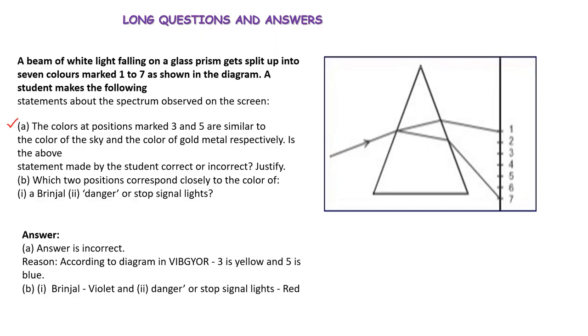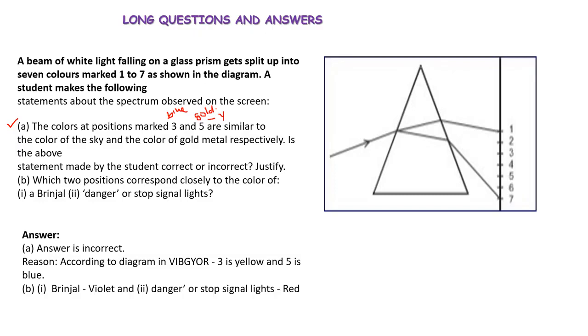The colors at positions marked 3 and 5 are similar to the color of the sky and the color of the gold metal. So 3 should be blue, and the color of the gold metal, I'll just write gold over here, is yellow in color, right? So 3 should be blue and 5 should be yellow in color.